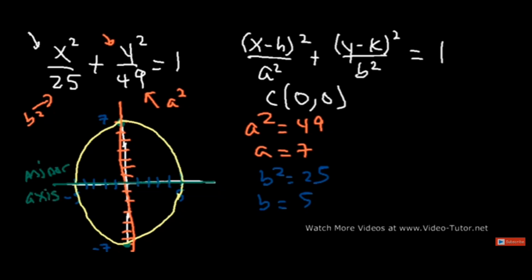So if you get a question asking for the length of the major vertical axis, it's always equal to twice the value of a. I'm going to write MA for major axis. Since it's 2a, it's 14.